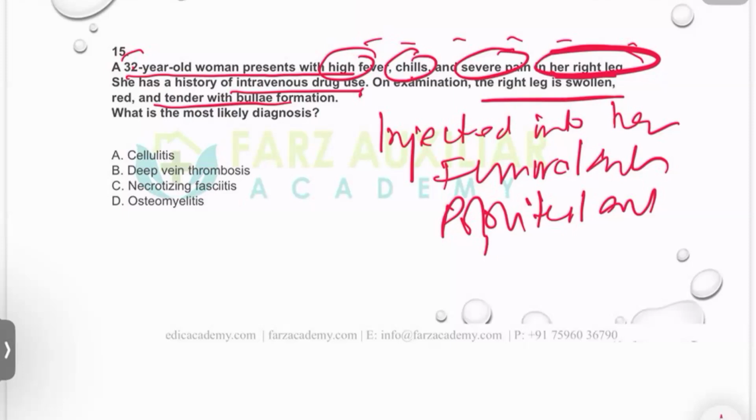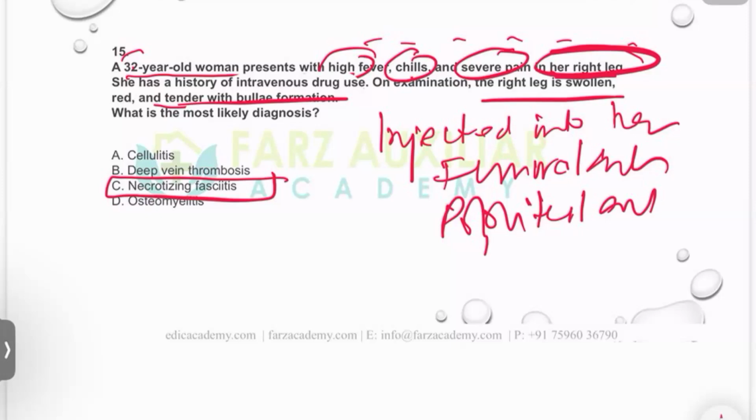What happens is the right leg is swollen, red, tender with bulla formation. If bulla formation was not mentioned, I would have agreed to your diagnosis of DVT. But now I will not agree. This is necrotizing fasciitis. Unless you act fast and hard, you are going to lose this patient. Compartment syndrome is important.